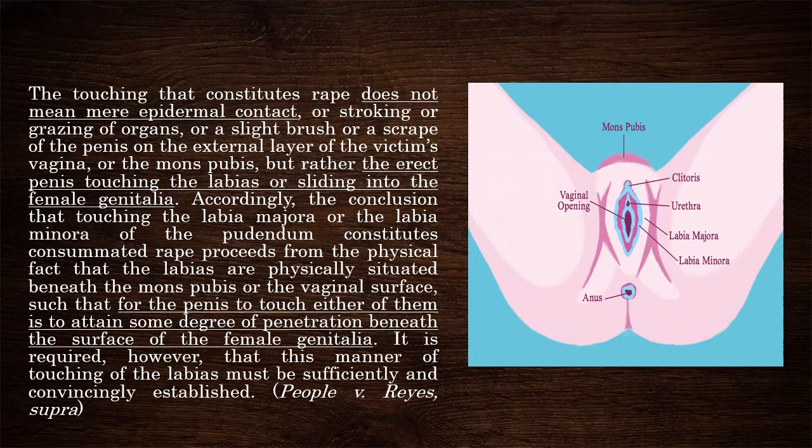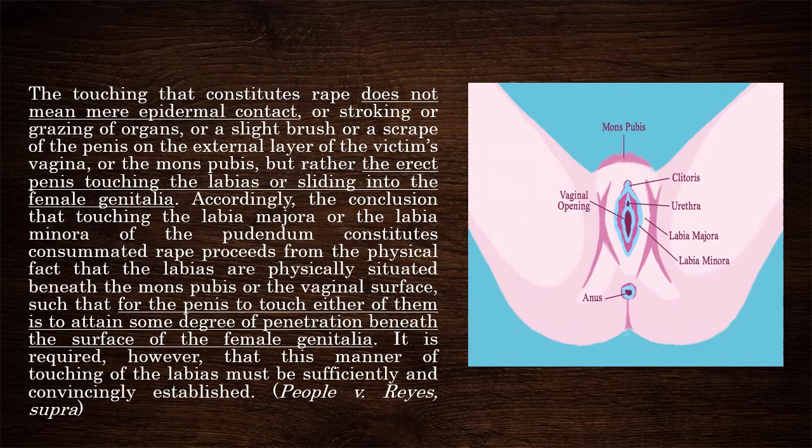Accordingly, the conclusion that touching the labia majora or the labia minora of the pudendum constitutes consummated rape proceeds from the physical fact that the labias are physically situated beneath the mons pubis or the vaginal surface, such that for the penis to touch either of them is to attain some degree of penetration beneath the surface of the female genitalia. It is required, however, that this manner of touching of the labias must be sufficiently and convincingly established.